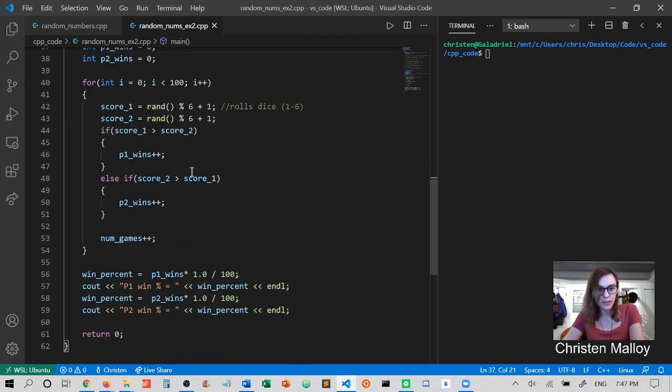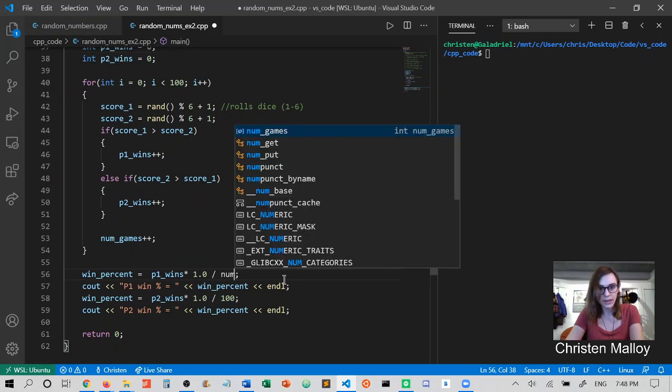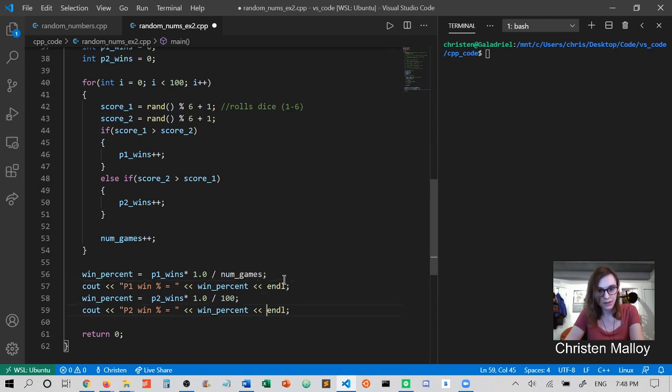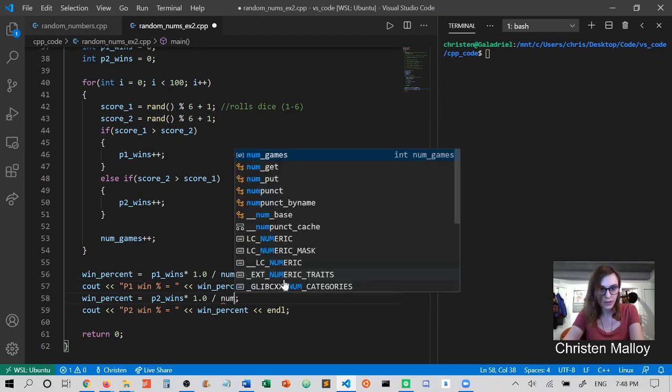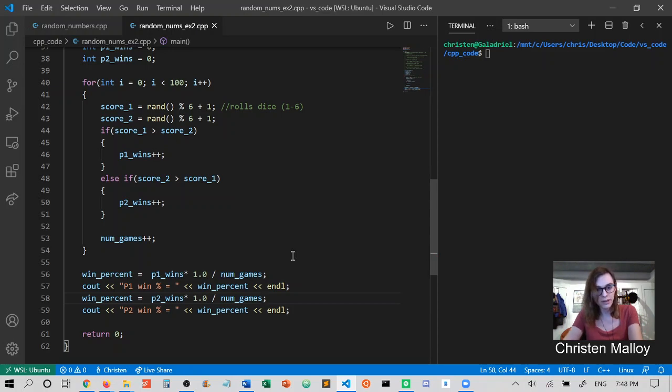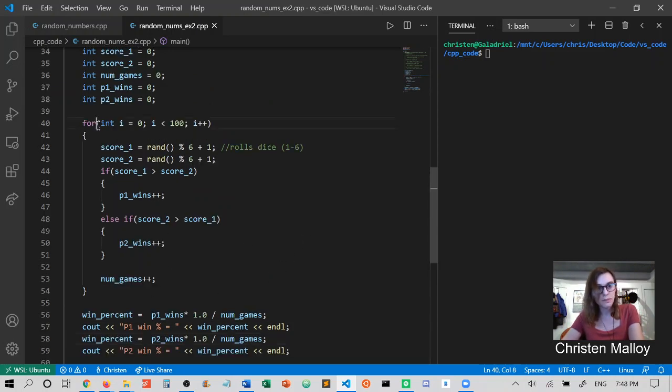What we're going to do here is take the scores and divide them. I can divide by the number of games because we're going to be using that instead of 100. Even though it is the same, we're going to make sure that this could be changed in the future.